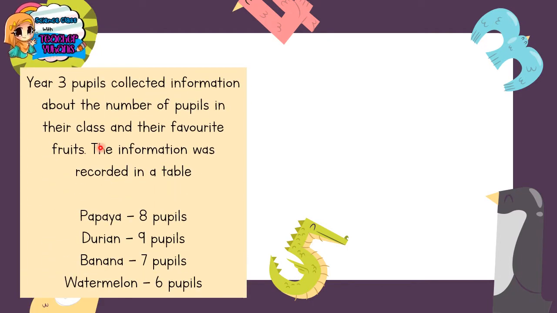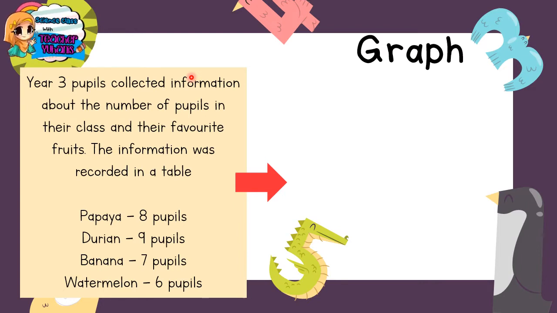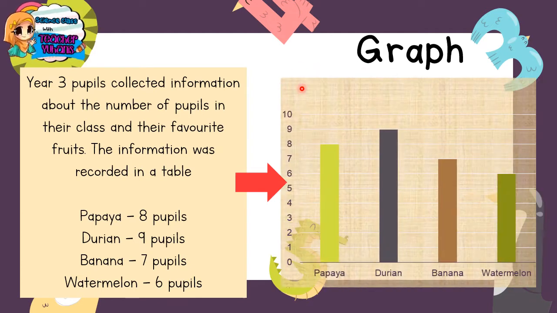This data can also be sorted into a graph. Have you seen a graph before? Let's see how the graph looks like. Yes, the graph has two axes. The horizontal axis, this is the horizontal axis, and the vertical axis.